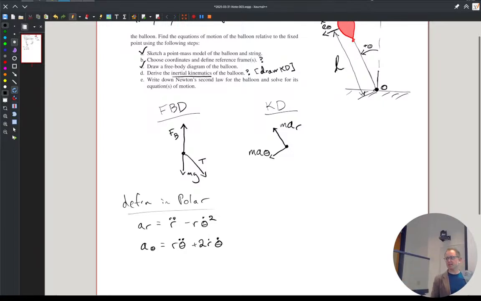If I'm trying to describe motion with r and theta, acceleration is always this set of two equations, some radial component, some theta component. Some of these are 0, not the sum of them, just a few of these things are 0. So try to write this down, and cross out the things that are 0 in this case for our problem. We're crossing out whatever's 0 in our two polar acceleration terms.